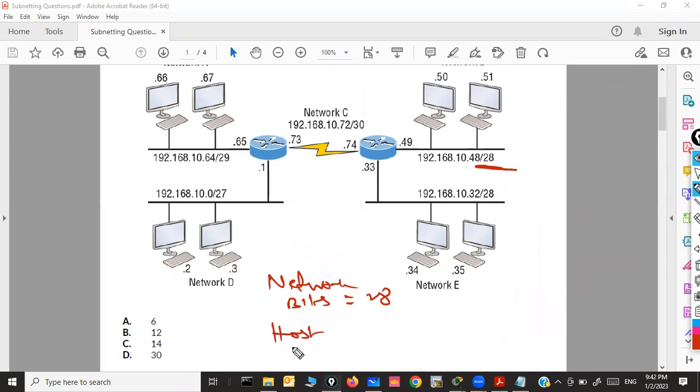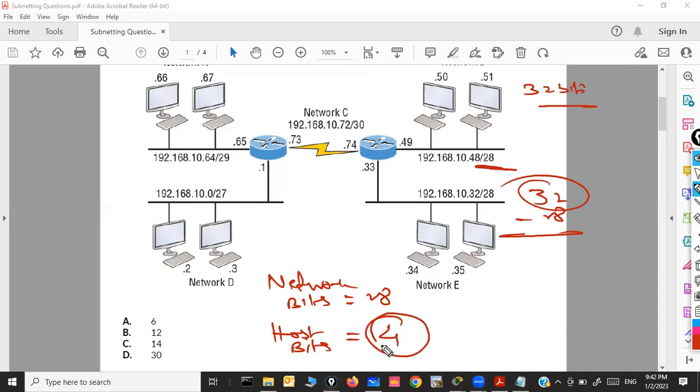So now the question is how many host bits? If you subtract 28 from 32, and why 32? Because the IP address and subnet mask are both 32 bits. So here the host bits is not 3, it is 4, right? The rest of the calculation is correct. So only computing host bits needs to be correct.